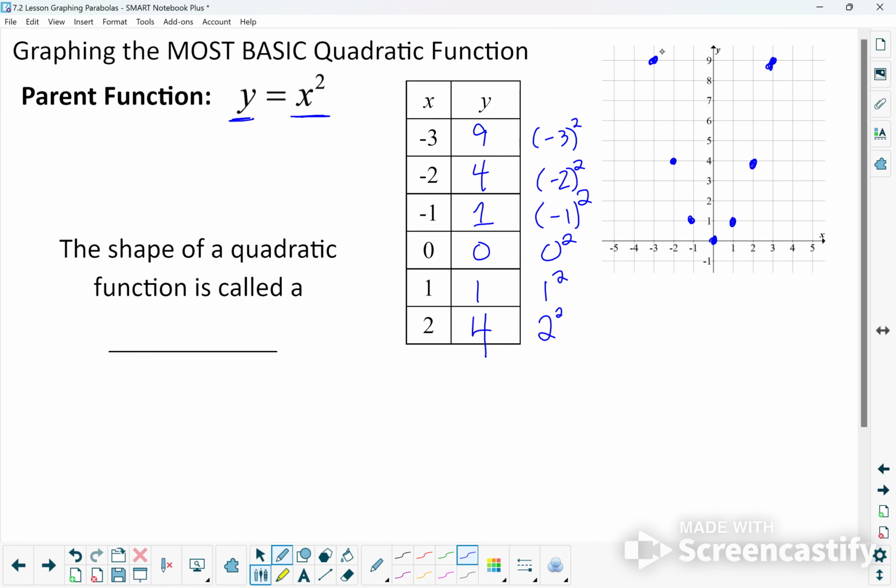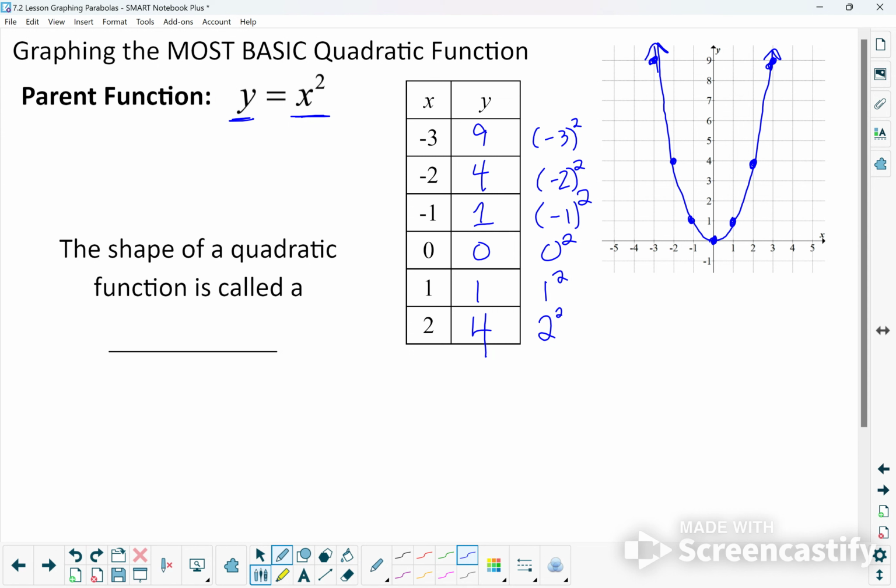This shape is somewhat similar to a V, but last class we had straight edges on our shape, and this is not going to be the kind of shape that has a straight edge. We have these curvy edges. Sometimes a student will say it's like a U shape.